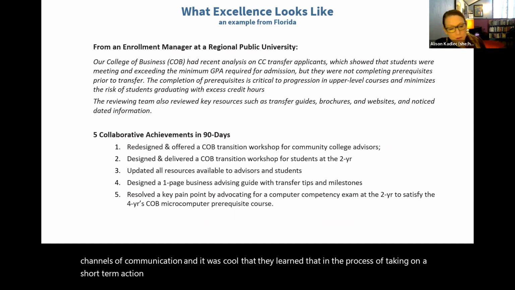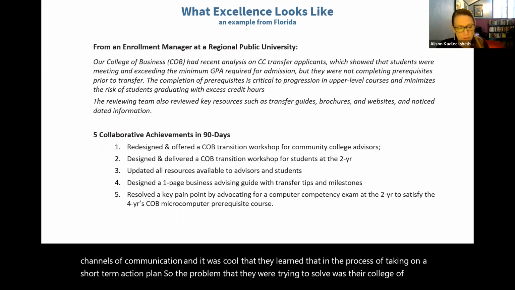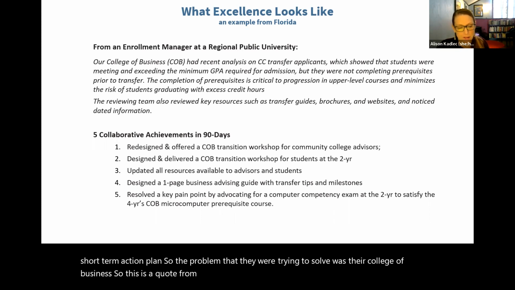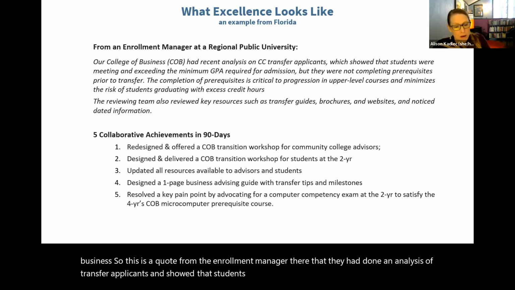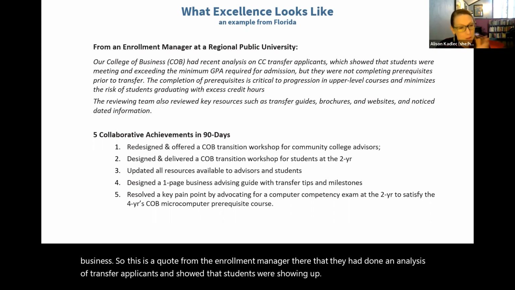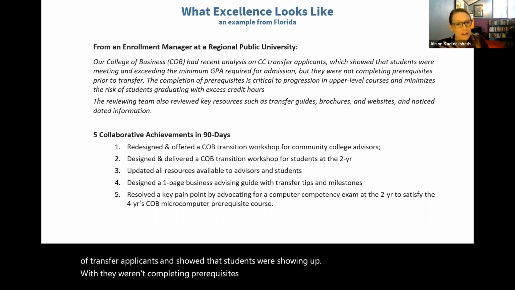So the problem that they were trying to solve was in their College of Business. This is a quote from the enrollment manager there: they had done an analysis of transfer applicants and showed that students were showing up not completing prerequisites, but also showing up with excess credits.